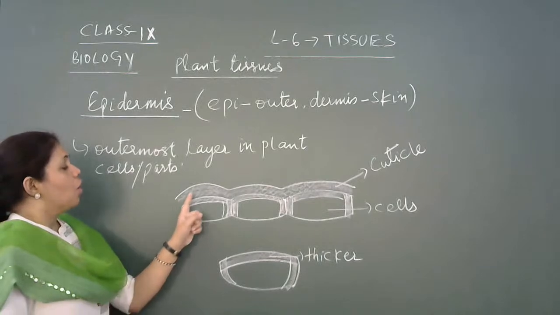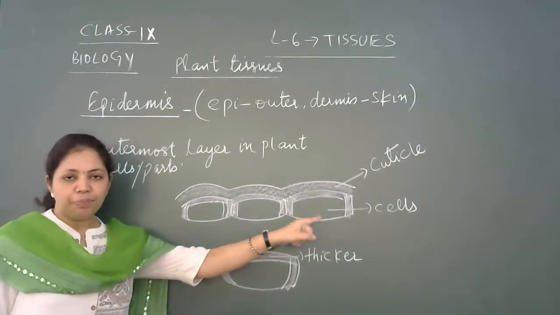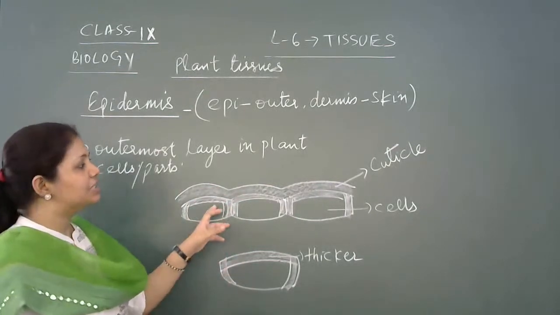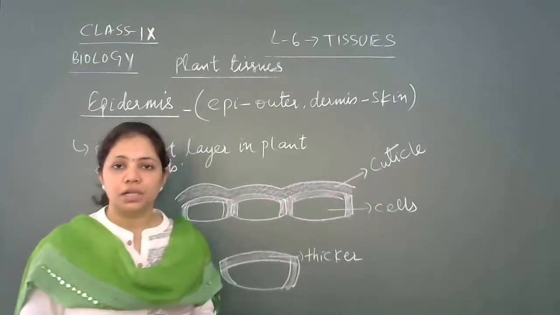Another one is on the outer side of the epidermal layer we find a waxy deposition, and that layer is known as cuticle.